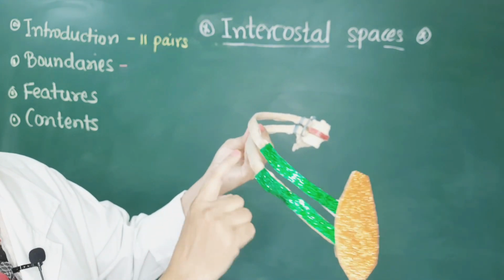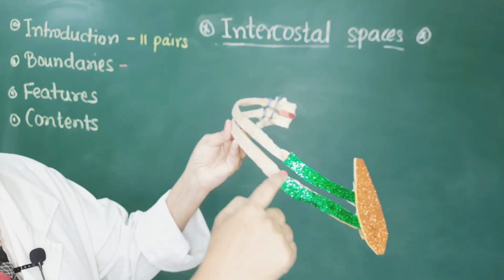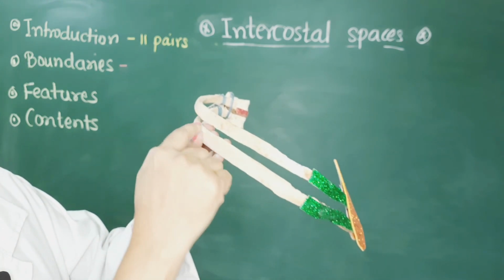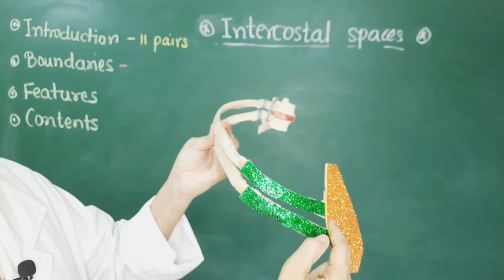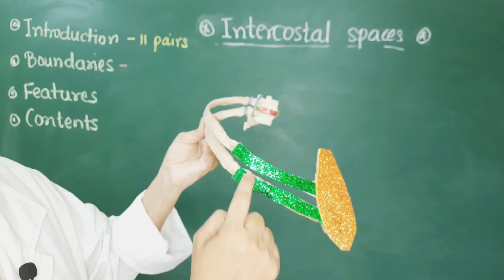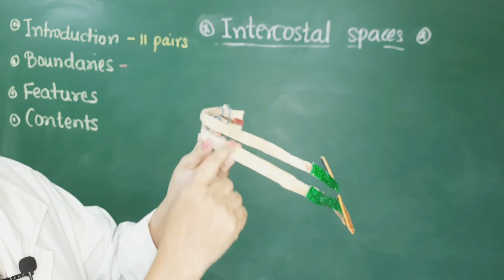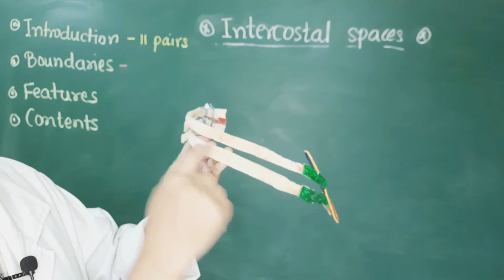The intercostal space is directed downwards and forwards. It has two parts. The part between the costal cartilages is called the intercartilaginous or interchondral part, and the part between the two ribs is called the interosseous part.